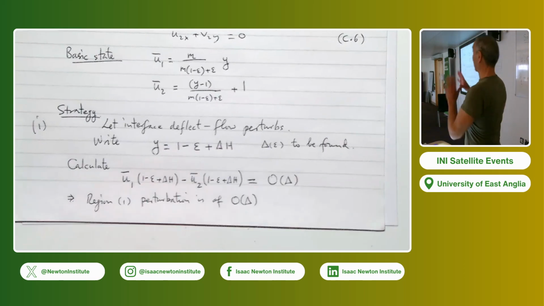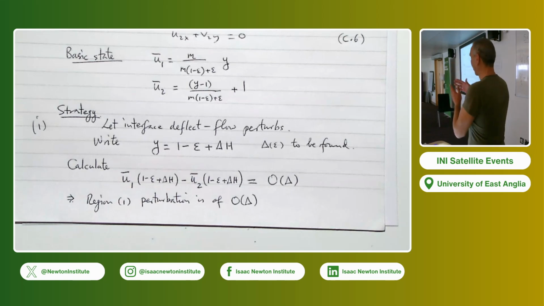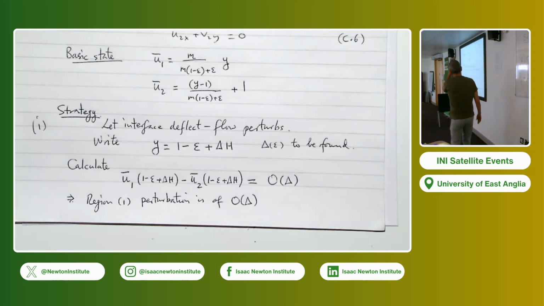Okay, this is different now because it's coupling flows. So, first observation: if I do this deflection and I work out the basic state, as I approach the interface from region 1 variables from below, and I subtract the basic state velocity as I approach from above, I know if the interface is flat, they're equal.